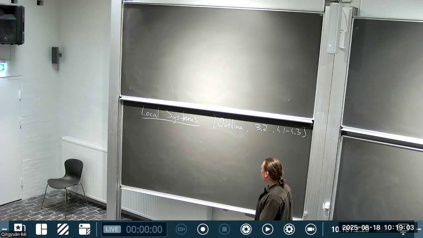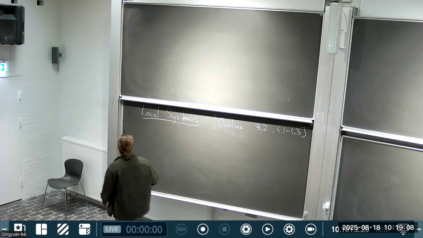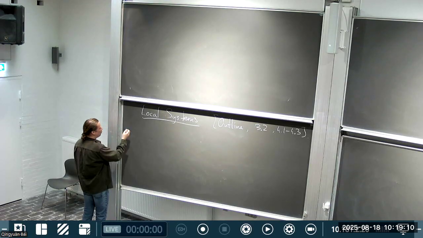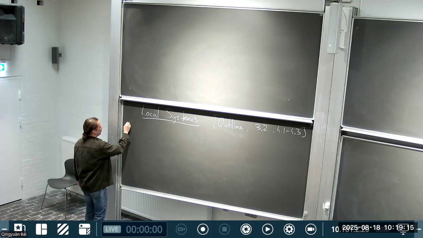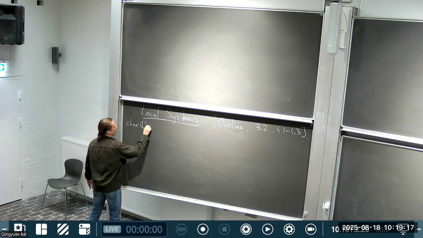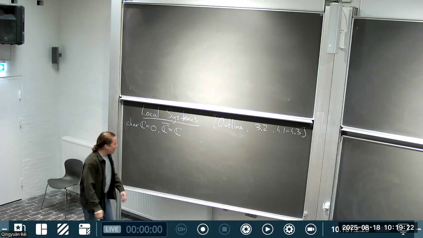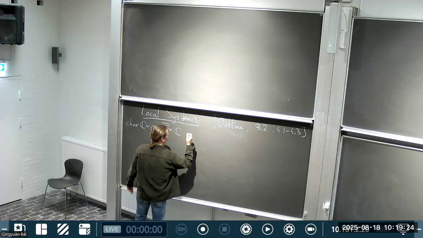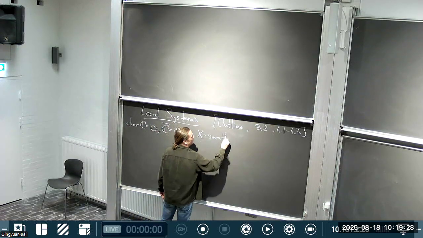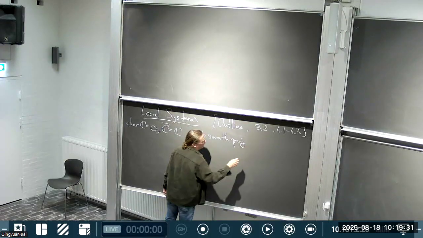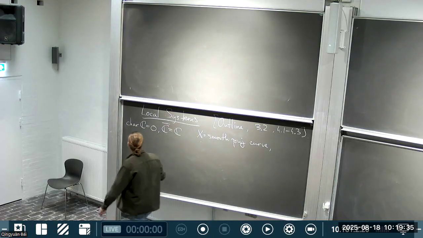Okay, and so my conventions will be very similar to what happened in the previous talk. So I'll work over an algebraically closed field of characteristic 0, which I'll probably denote by C. I'm going to fix a smooth projective curve, and a reductive group.